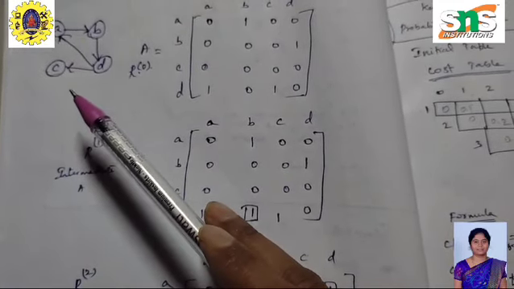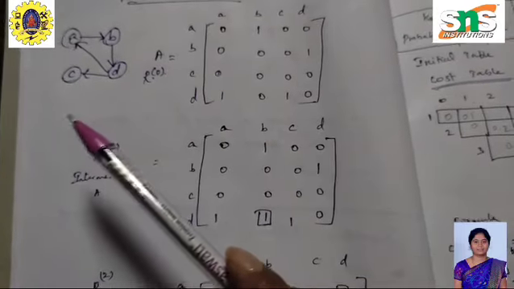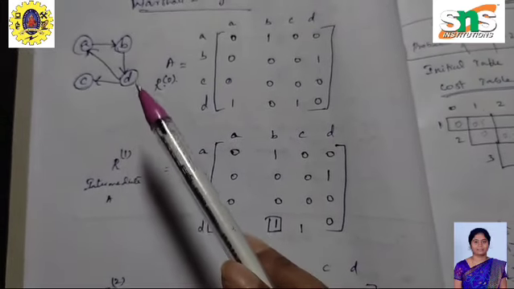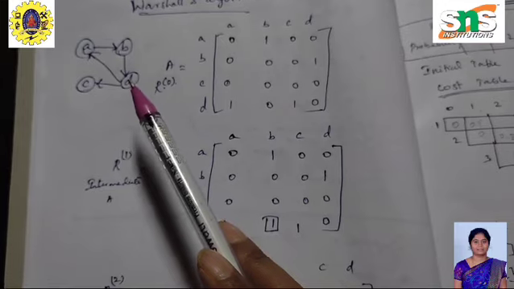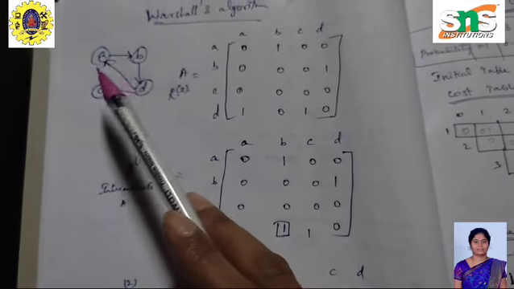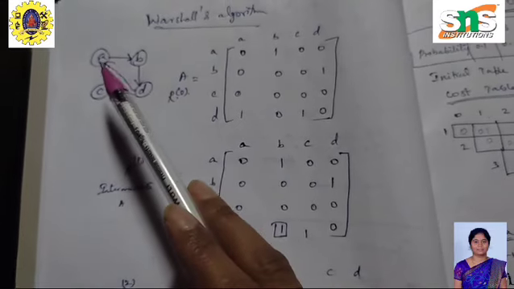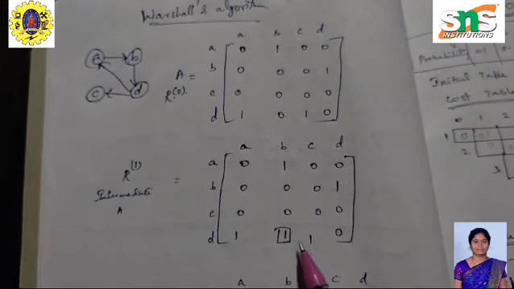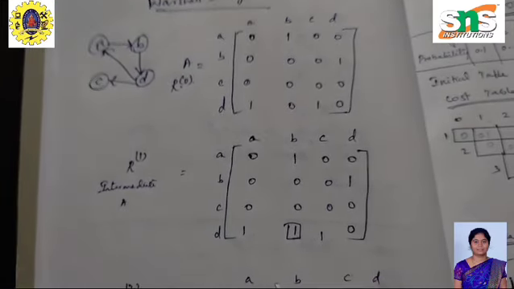C to B, C to C I don't have any connection, so they are mentioned with 0. Next D to A is already mentioned, it is 1. Now D to B: from node D to B we can move through A. So D moves to A, which is opened, so I can move to B. So here I mention 1, and the other two are already available.